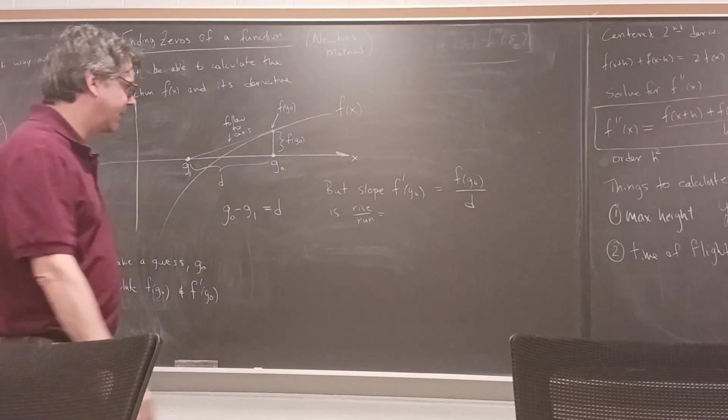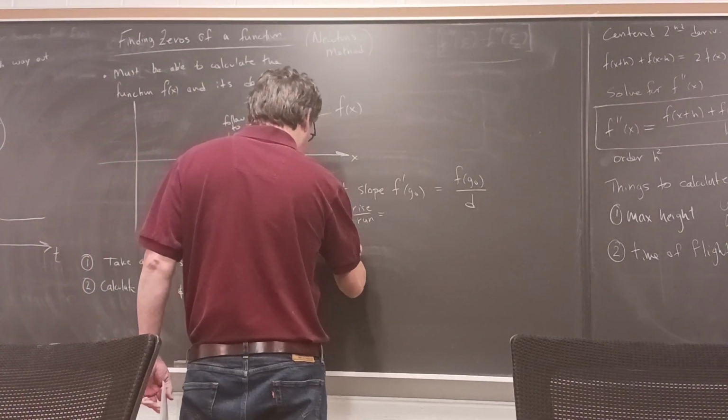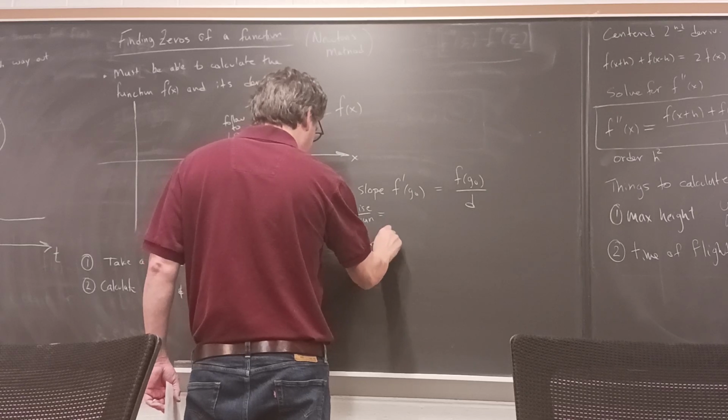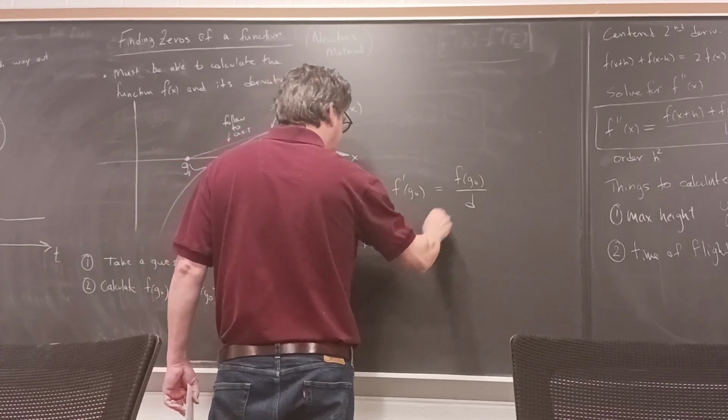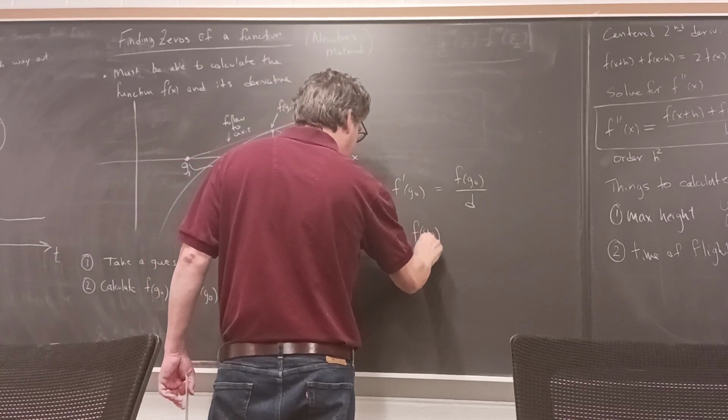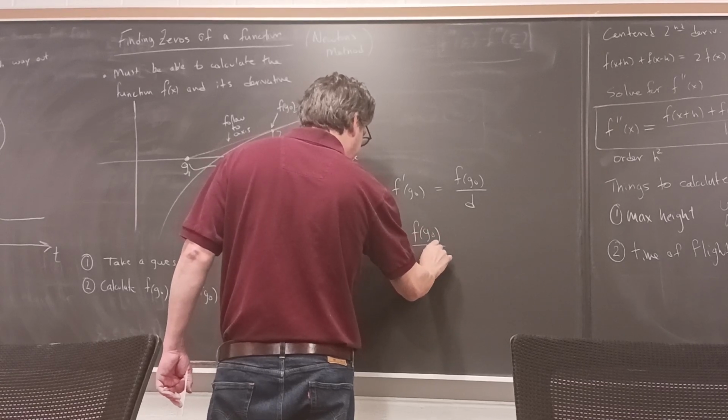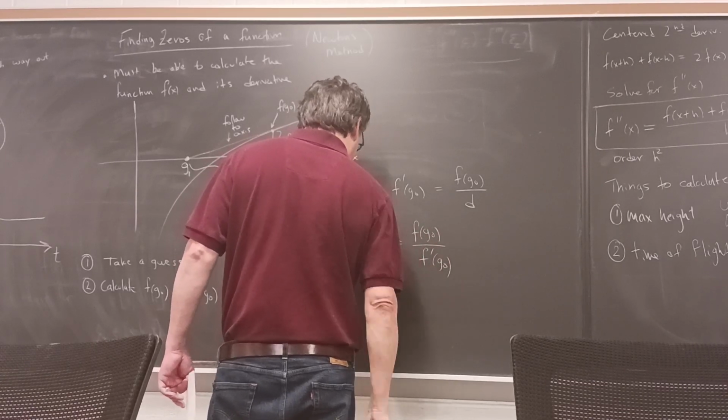So I can solve for d. d will just be f at G0 over f prime at G0.